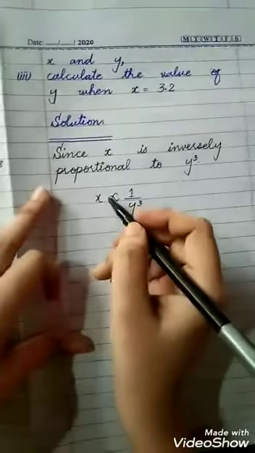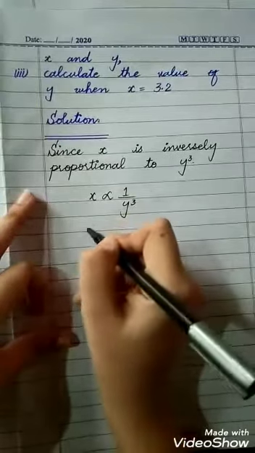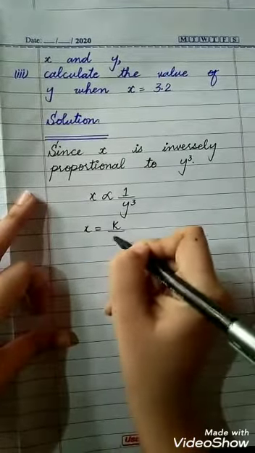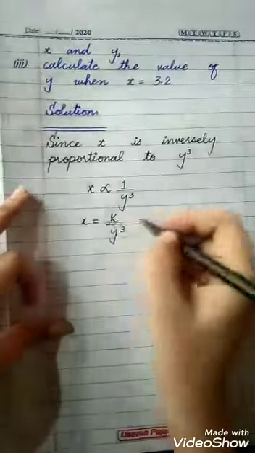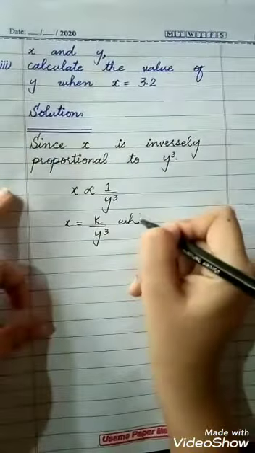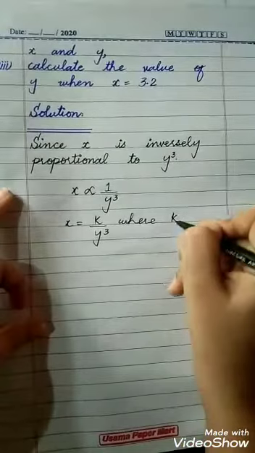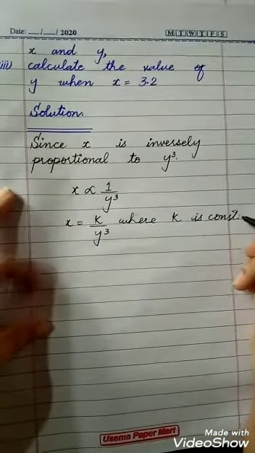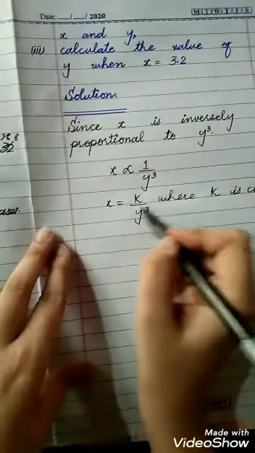So we have to remove the sign by inserting a constant here. The constant will be k. x is equal to k by y cube, where k is a constant. This is the general equation.